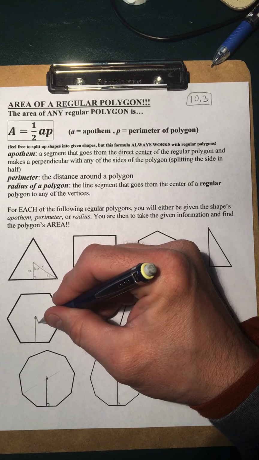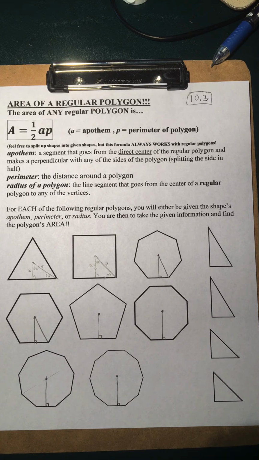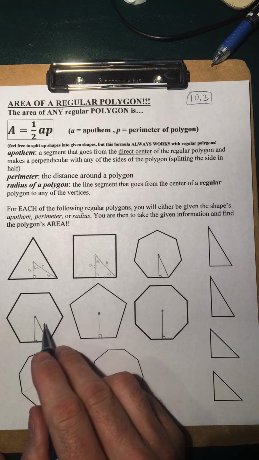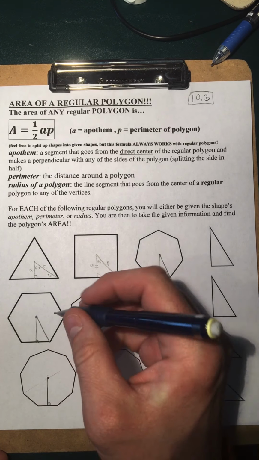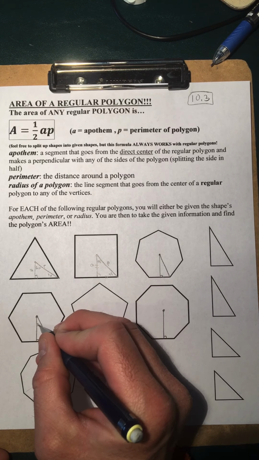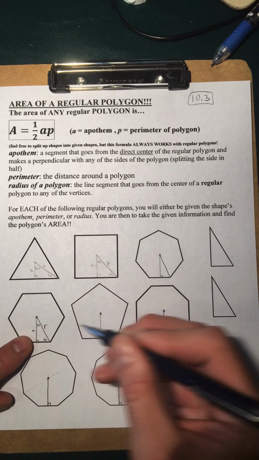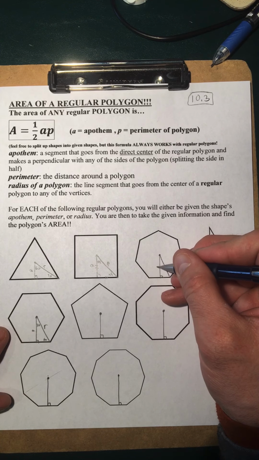On a hexagon, this one's pretty simple because the interior angle of a regular hexagon is 120. So that 120 is split into 60, 60. And so this is also a 30, 60, 90 with the apothem being here and the radius. The apothem, we'll deal with this one later.